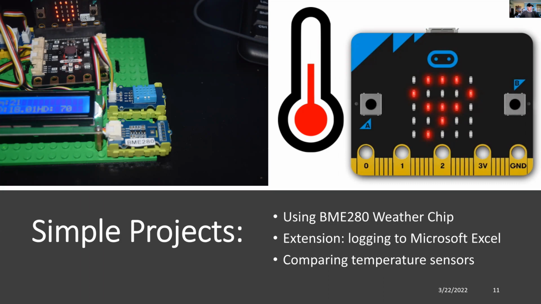Another project we'll do this week is comparing temperature sensors. And in particular, we'll look at the difference in temperature between the BME 280 and the temperature which can be sensed by microbit's own internal onboard temperature sensor.